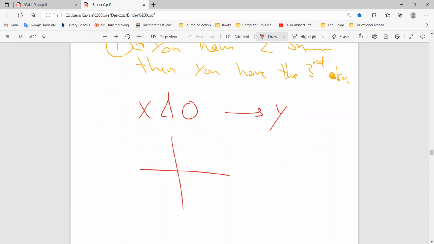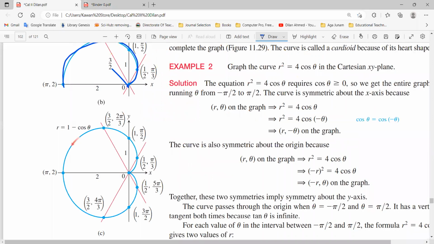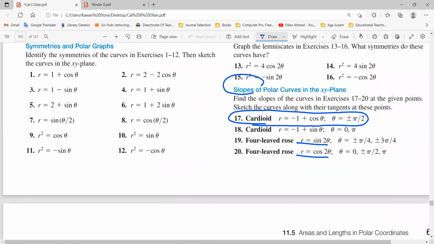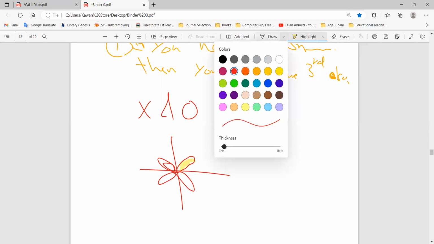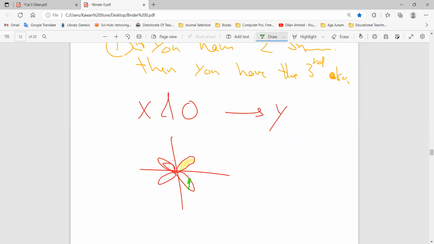I gave you the example of the four-petal rose. Look here, a four-leafed rose. In that case, it is symmetric. Look, I'm going to highlight it. This one is the original one. You can find symmetry about the x-axis, as well as symmetry about the y-axis.